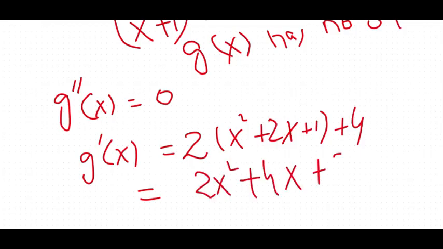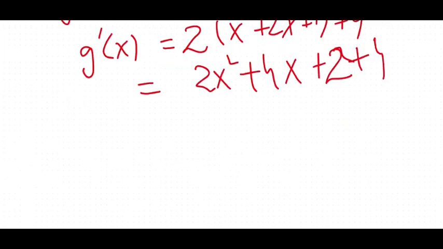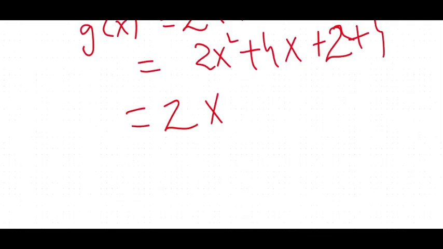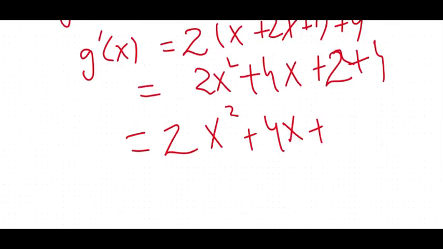Sorry, what I have right over here? Sorry, g of x equals to 0. We have 2x squared plus 4x plus 6. So this is g prime of x. I'm taking the derivative of this again.